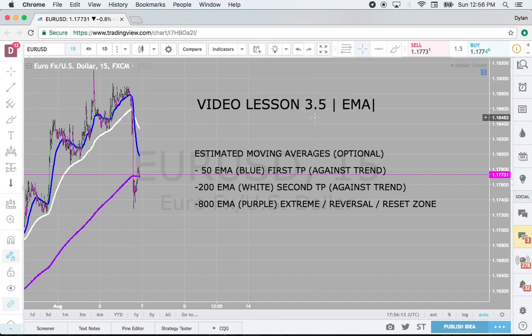The M and W reversal patterns are going to be our main setup. I don't advise you to take any other setups other than the M or W second leg at the high or the low of the day.